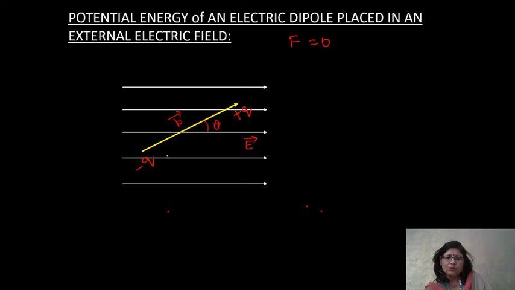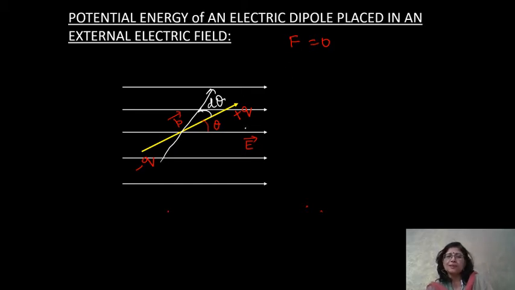And if we rotate this dipole against the tendency of torque by an angle theta, then the external agency has to do work. But it has equal value of torque. It means the torque due to external force must be equal to the torque by the electric field.